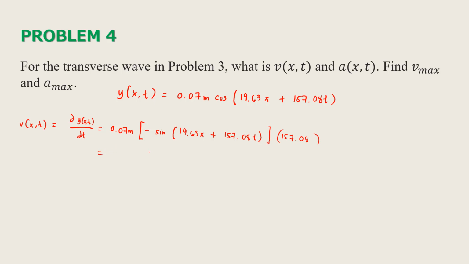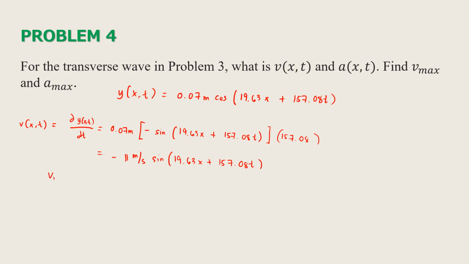Okay, so we have negative 0.07 times 157.08 radians per second, that is 11 meters per second, sine 19.63x plus 157.08 t. Okay, so this is the velocity function.